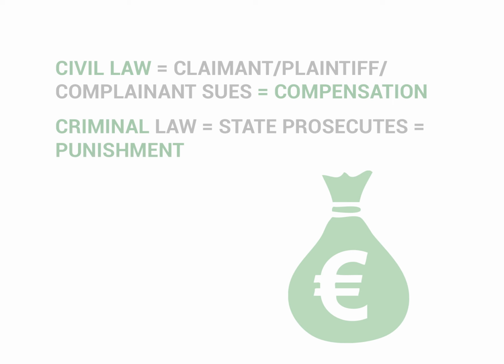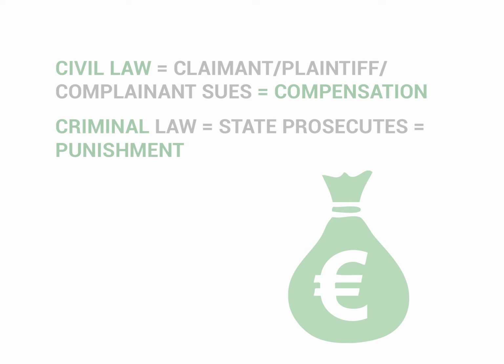It is important to note the fundamental difference between civil law and criminal law in the common law system. In civil law, a claimant, also referred to as a plaintiff or a complainant, sues seeking compensation for what has occurred.